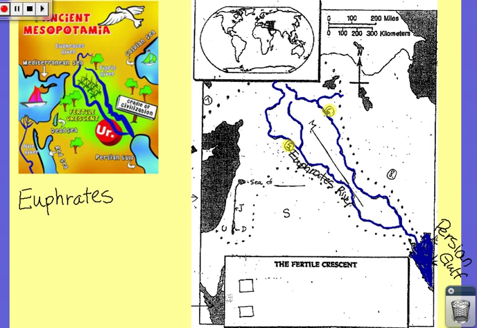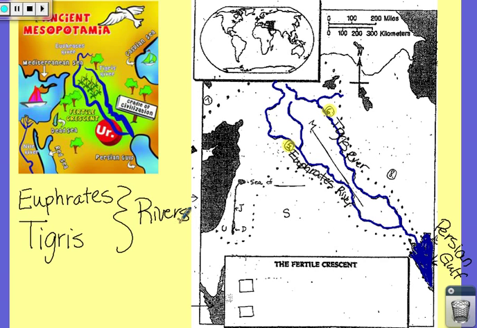We're going to label this one the Tigris. T-I-G-R-I-S. The Tigris River. Okay, so if you can't see that, T-I-G-R-I-S. These are the two rivers that run through Mesopotamia.